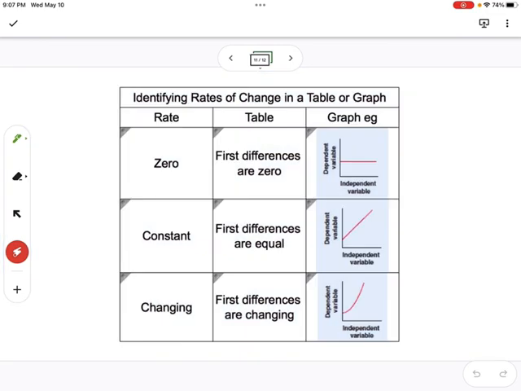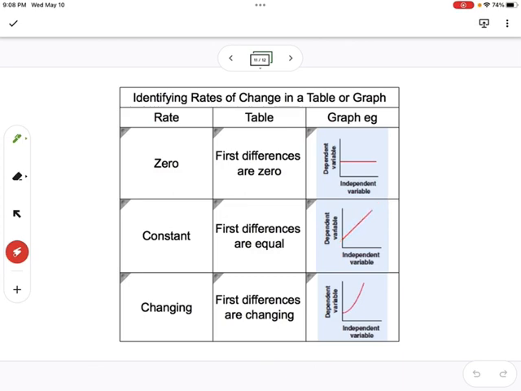So identifying rates of change in a table or graph. So as we just mentioned, when it's 0, then we are having that graph being a horizontal line. And the first differences are 0 if the rate of change is 0. When we have a constant rate of change, that's when we create a straight line. We'll have a linear part to our graph.